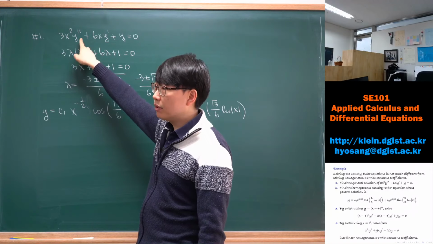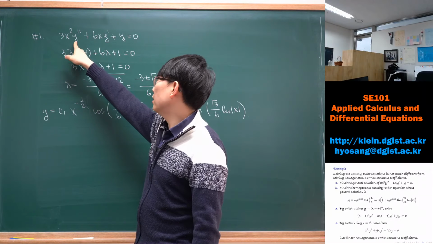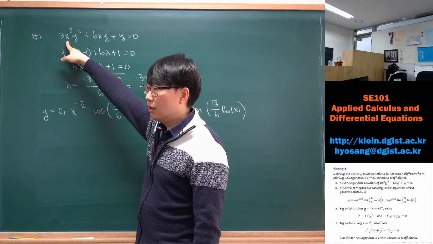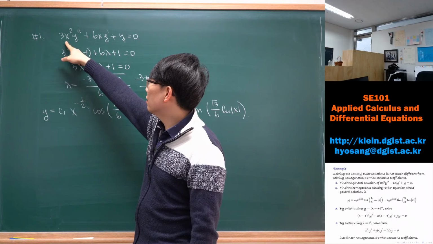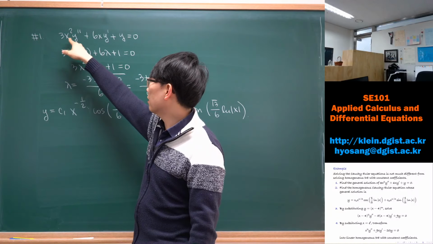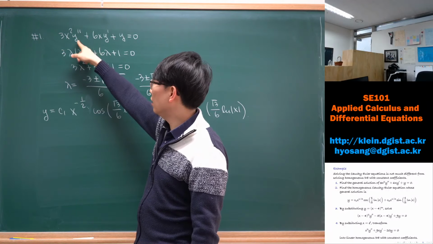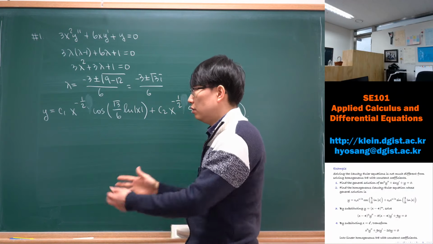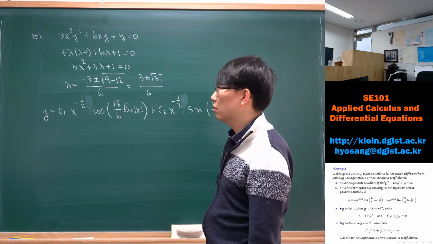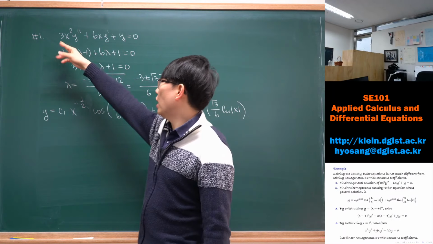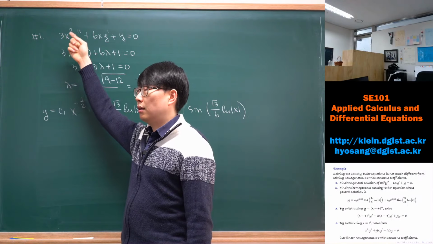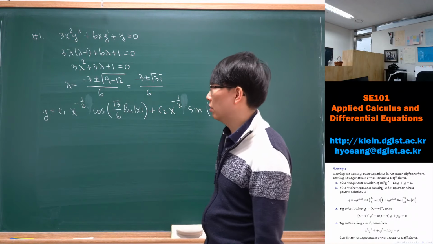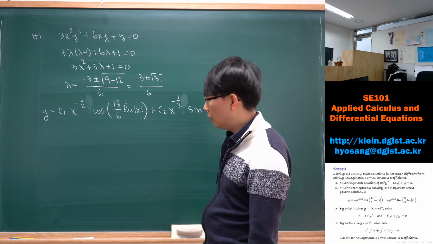If it's not in terms of x, say this is a derivative in terms of t, then this is not a Cauchy-Euler equation. This is just a constant because x is independent of the variable t, so I can consider x as a constant. So when I say I want to solve this as a Cauchy-Euler equation, I'm assuming that y is a function of x. So we have this solution.